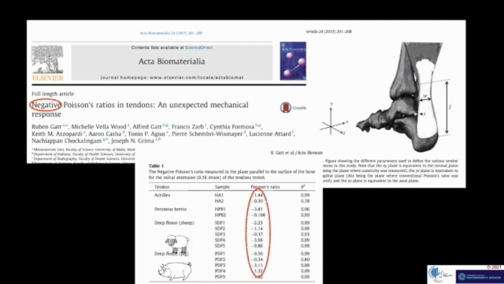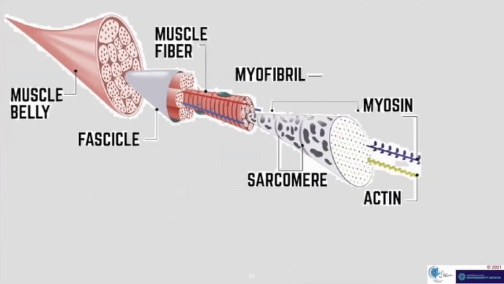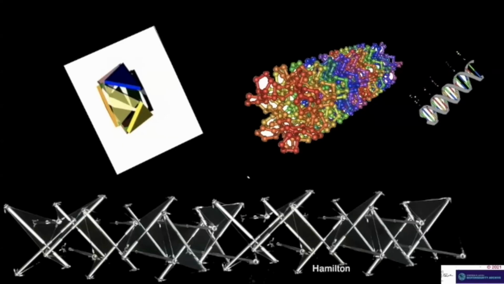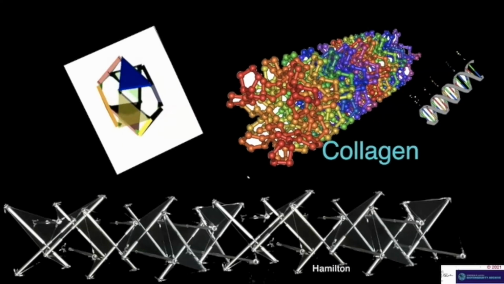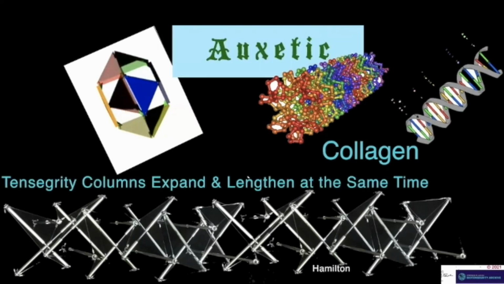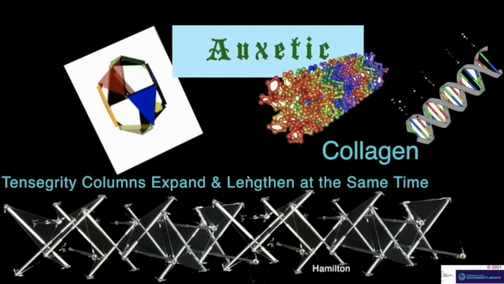So if you look at the muscle belly at one end, and then you look at the myosin actin at the other end, where you end up is in the collagen, of course. So collagen then would have to fit into the same concept. And once you start talking collagen, we're talking connecting just about everything in the body is collagen. So the whole body is essentially nonlinear.